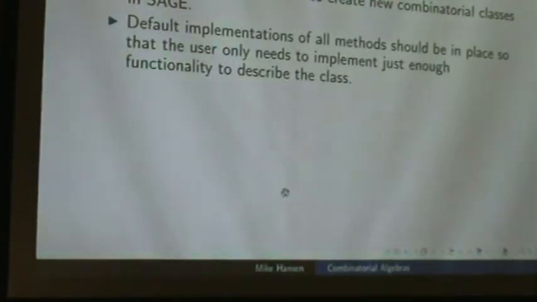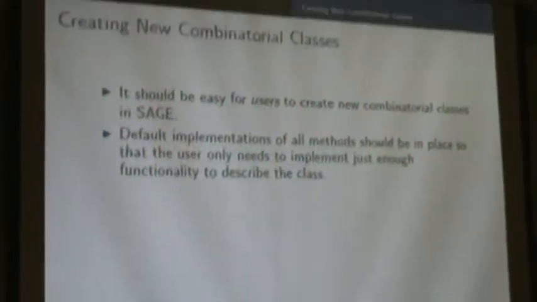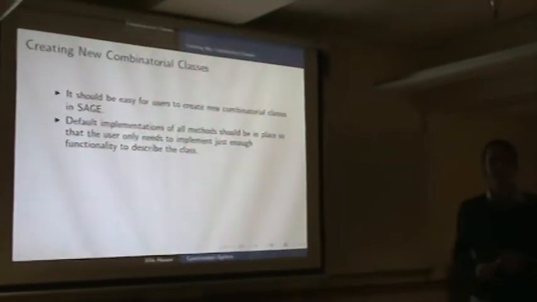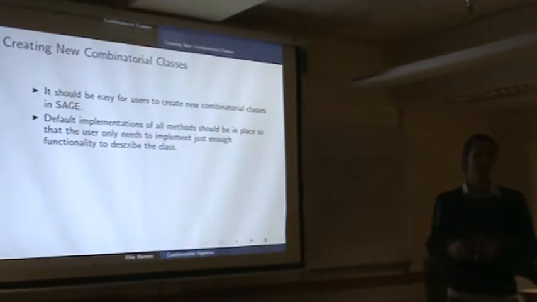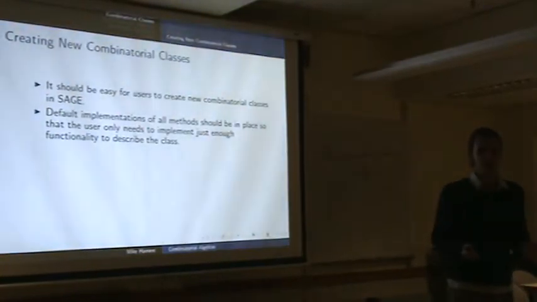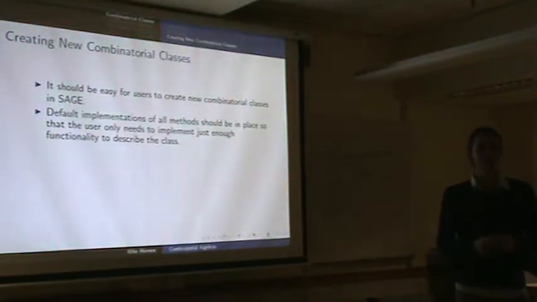But we should be able to just have default implementations of all of those, so that all you really have to implement is enough functionality to completely describe the class, and then all of the other stuff will come for free through default implementation. But these implementations will probably be a bit more inefficient than if you wrote specialized ones for your class.